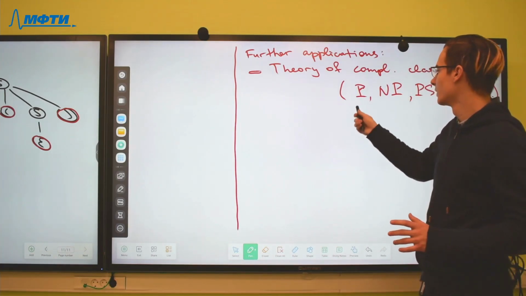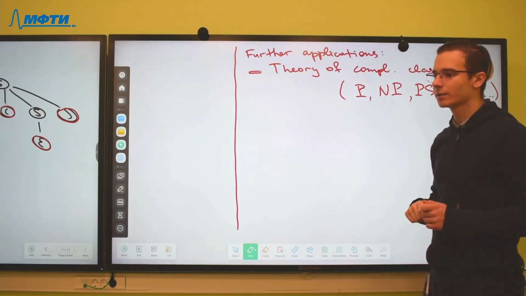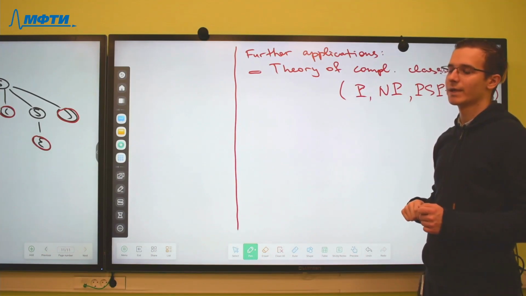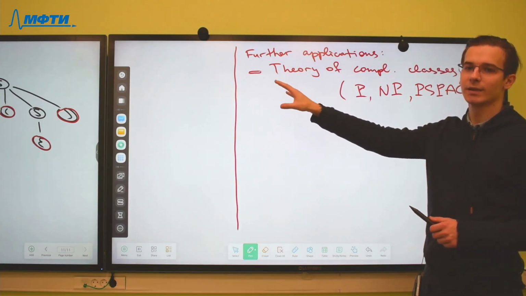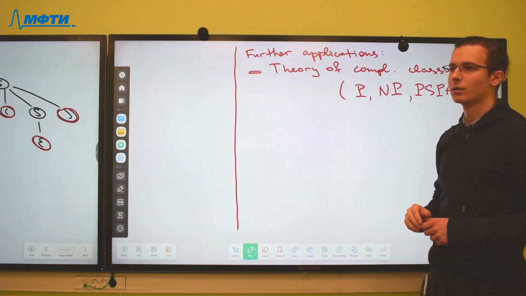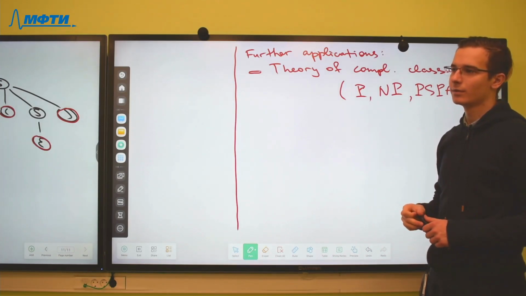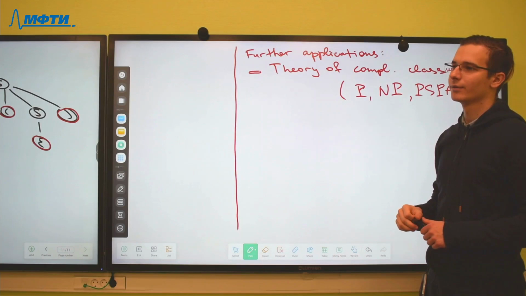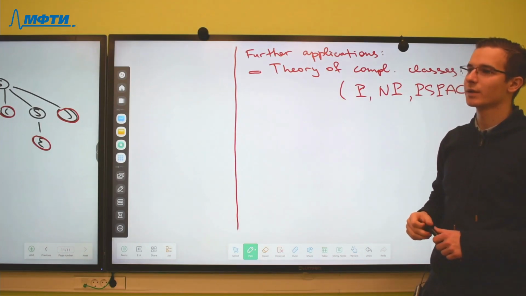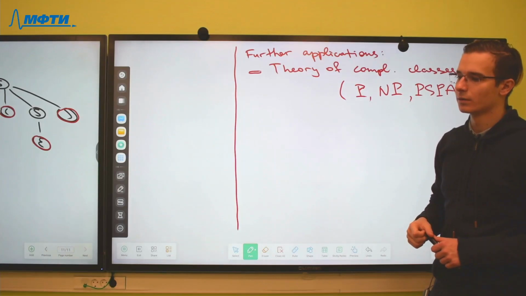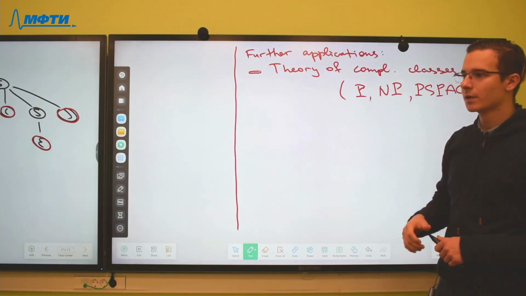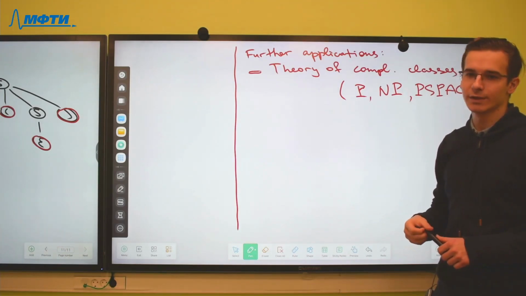For example, this class is equal to polynomial tasks. For example, we talk about only polynomial tasks here because we have a lot of resources, and we need to solve examples with billions of input data.